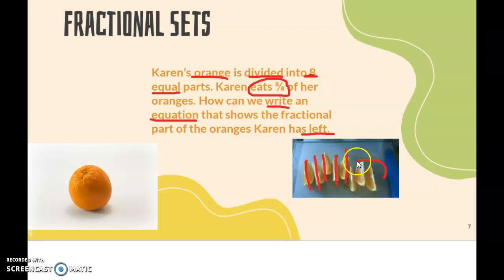So now I can see how many pieces Karen has left. So looking at my circle, after I have taken away the 5 that she's eating, the pieces that are remaining, I only have 3 that are remaining. And since I have 3 that are remaining, the fraction that she has left is 3/8.